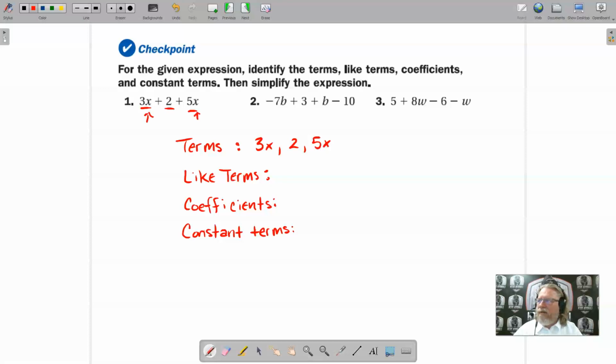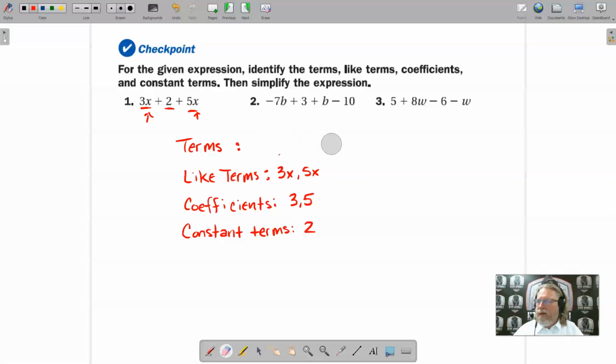So I would have 3x and 5x, so the like terms are 3x and 5x. And then our coefficients, well, that's the numbers that come in front of the variables, so our coefficients are 3 and 5. And then what are our constants? The constants are the ones without the variables, so the only constant we have is 2.